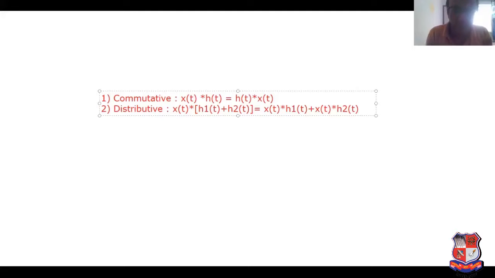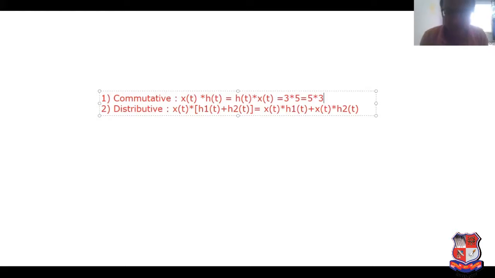So it is known as the distributive property. Commutative property means what? Simply, we can write 3 multiplied by 5 equal to 5 multiplied by 3. It is known as commutative.